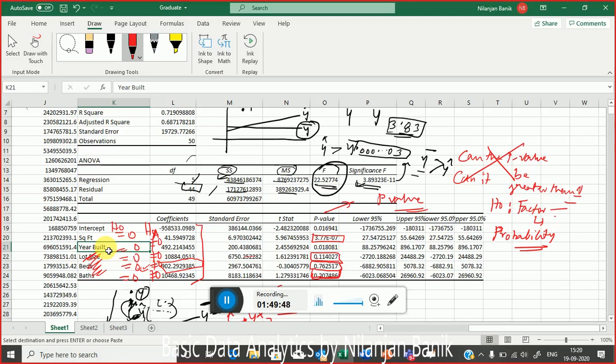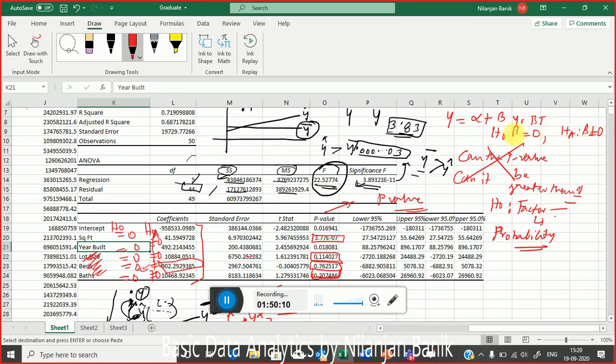The null hypothesis is saying year built does not influence my y, meaning I have y equal to alpha plus beta times year built. The null hypothesis says H0: beta is equal to 0. The alternate says HA: beta is not equal to 0.